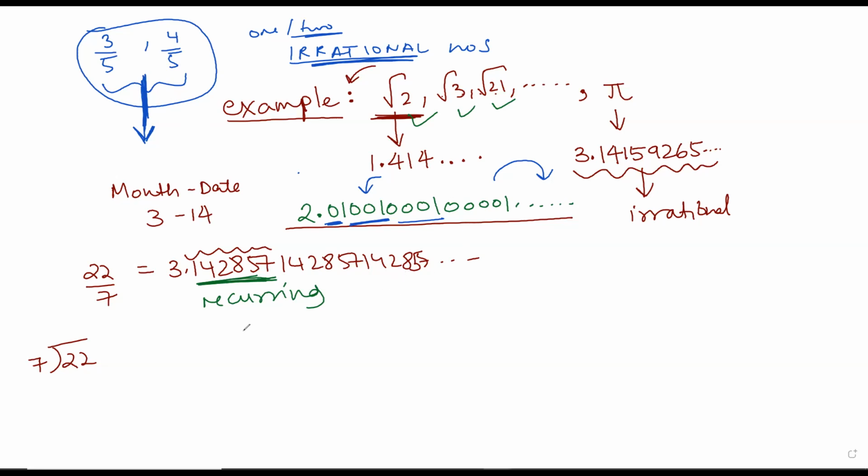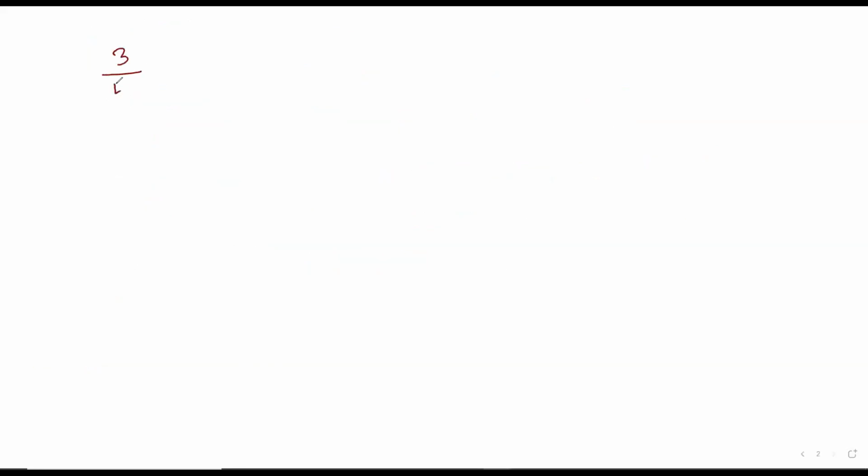All right, Mridula, the question was, let me just open a new page because it's too messy here. We have 3 by 5. This is one number. Which type of number is this, Mridula? Ma'am, fraction. Very good, fraction. But now since you're in 9th grade, can you classify this number in a different way instead of fraction?